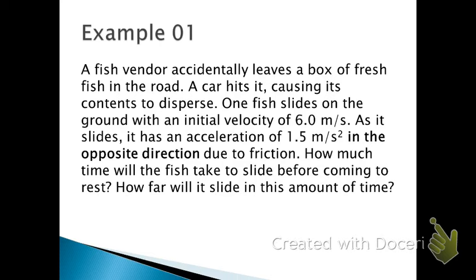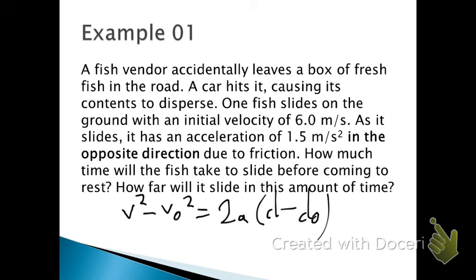And again, I'd get the same thing if I used the combo equation. V squared minus V naught squared equals 2 times A times my change in distance, which again I said could be d minus d naught. And with a d naught of 0, I'm going to go ahead and just write that as d, the total distance that it slid.